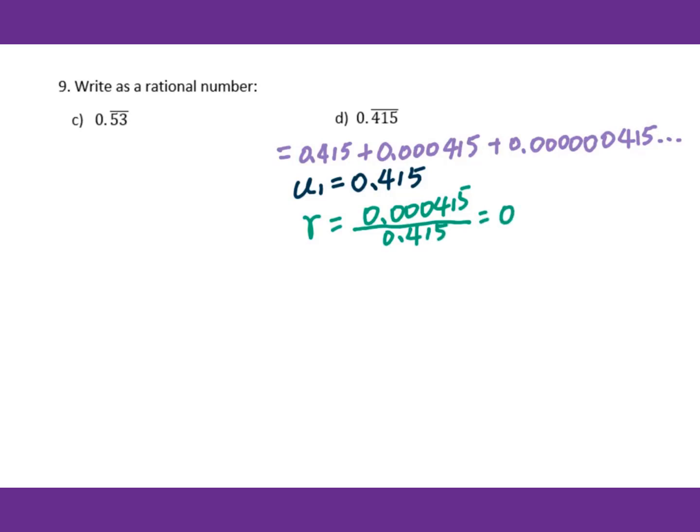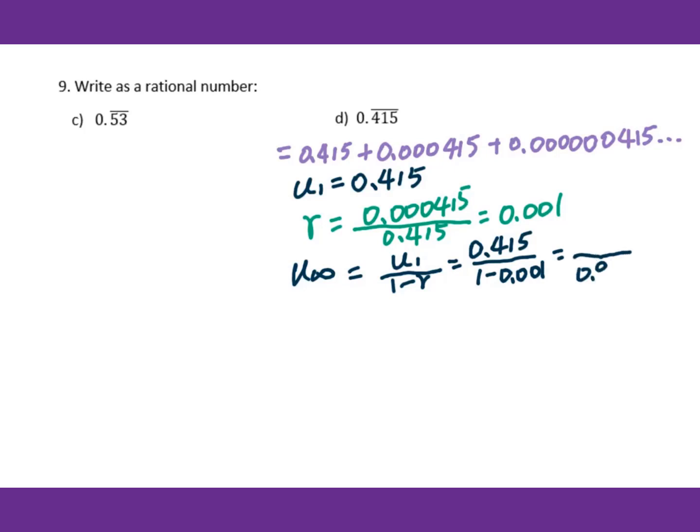That is 0.001. Therefore, S sub infinity equals U sub 1 over 1 minus r. So we get 0.415 over 1 minus 0.001. So we get 0.999 as the denominator, and 0.415 as the numerator.